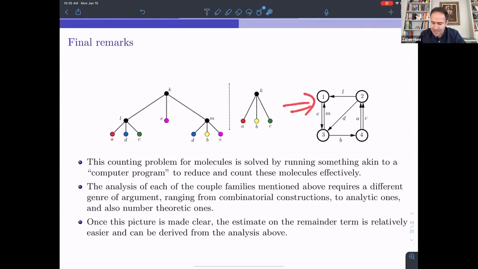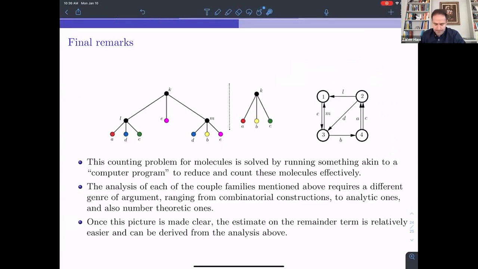So those two things are essentially equivalent, but this is much more favorable to do estimates on. So we reduce it to a counting problem on these molecules, and the way we do it is we run something similar to a computer program that digests this molecule and breaks it down, and this effectively allows us to count its contribution.